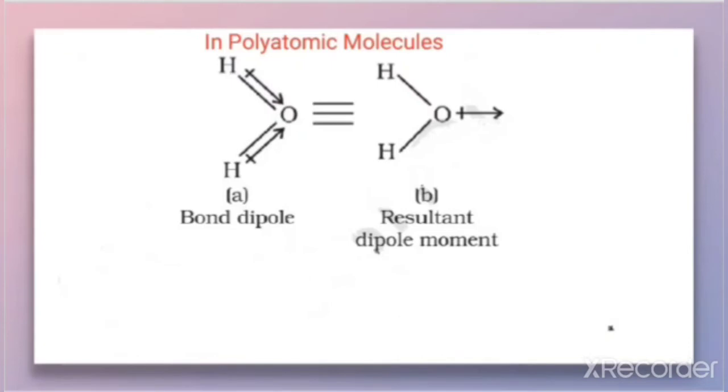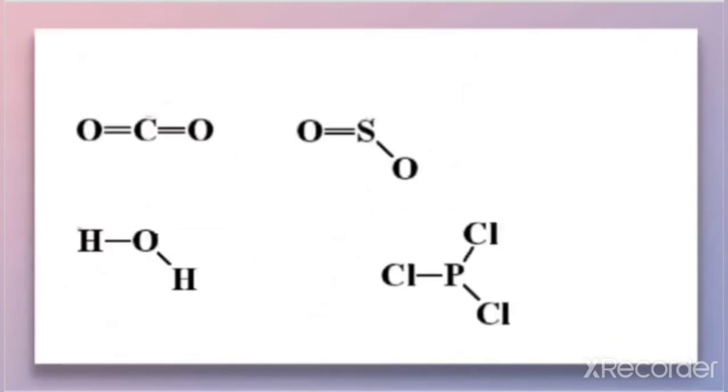Now some molecules are given here. First of all, you should know how to represent a partial positive and negative charge on these. Once you have identified which has partial negative and which has partial positive, then you can easily represent the bond dipoles. Let us take the case of water. In water, there are two hydrogens and one oxygen. Which is the more electronegative atom, oxygen or hydrogen?